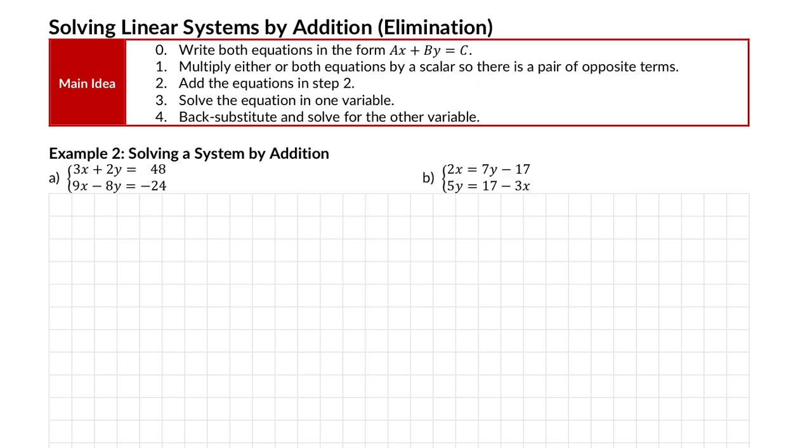By opposite terms, I mean like an ax and a negative ax, or a by and a negative by. We want one of the equations to have a positive and one to have a negative version of that coefficient on the same variable. Then you're going to add the equations together in step 2. You'll be left with one variable. You back substitute and solve for the other.